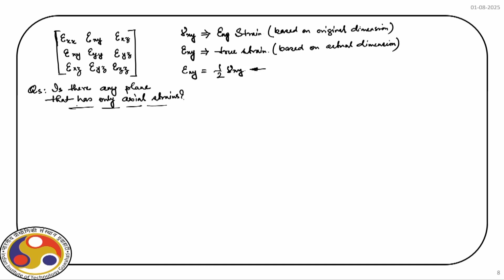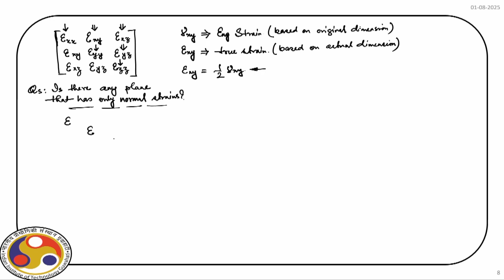Here also we have normal strains and we have shear strain. So, you can also write it as normal strain. So, if that is the case, what will be the strain field?